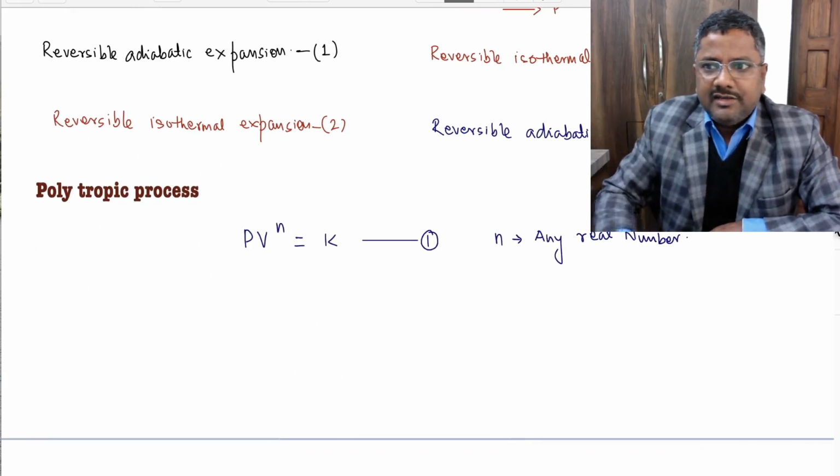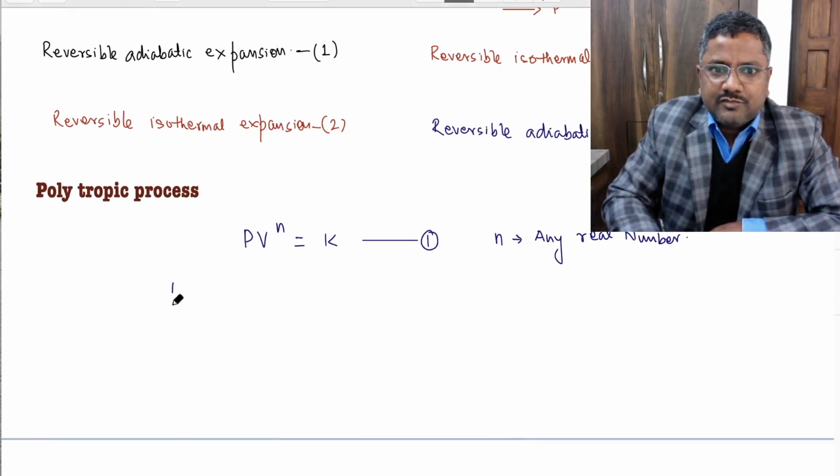So we can make a plot to show this process.